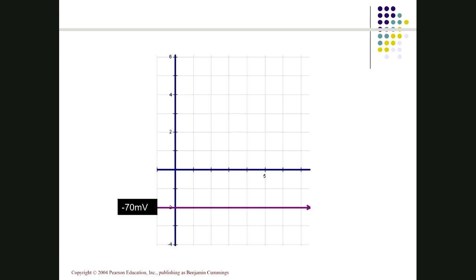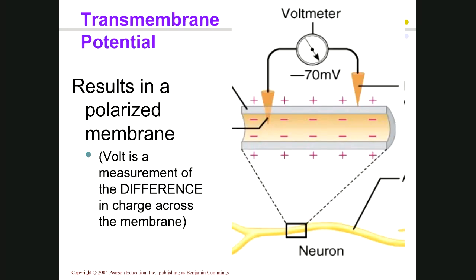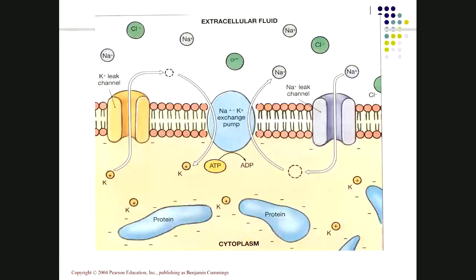And so if we look at that, this is what it looks like with those ions. And so here's our sodium potassium pump right here. And remember, again, 3 sodiums out, and then it turns right around and pushes 2 potassiums in.